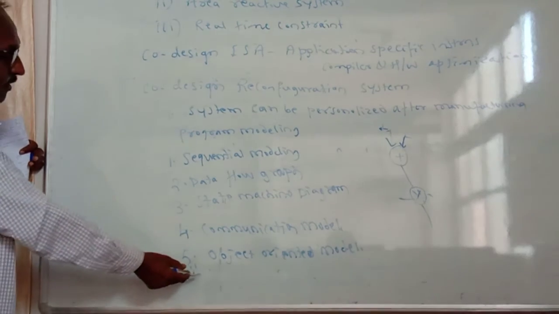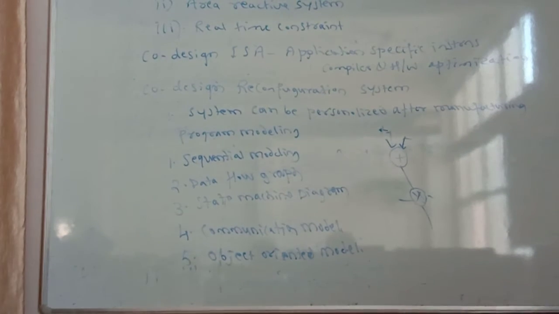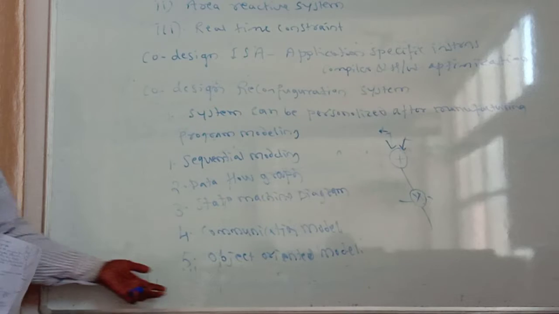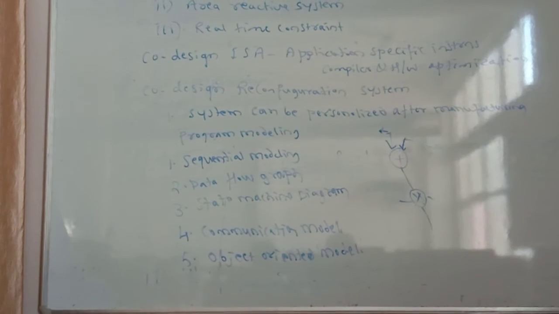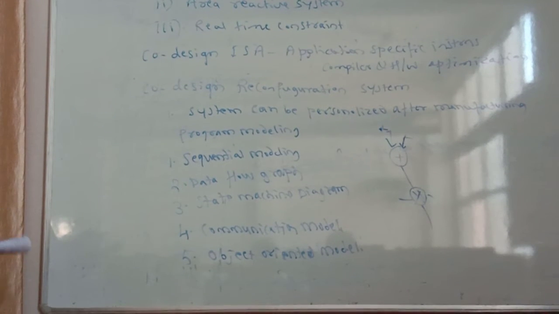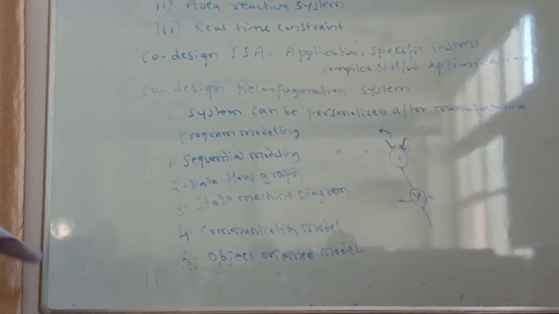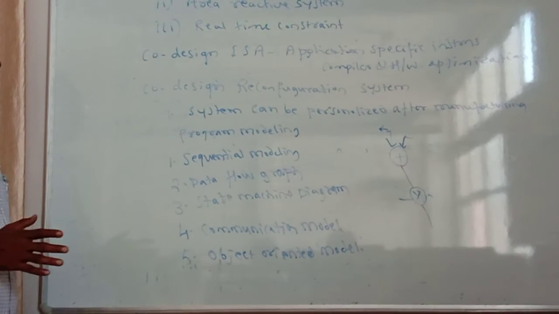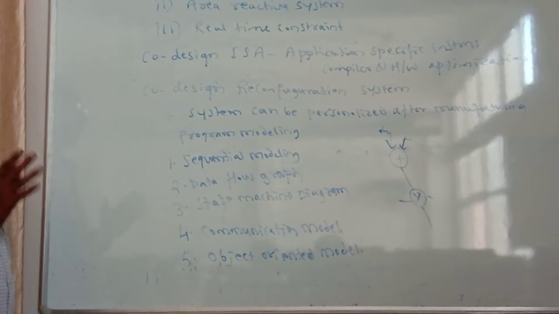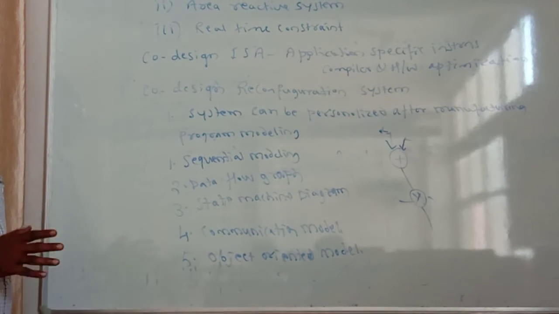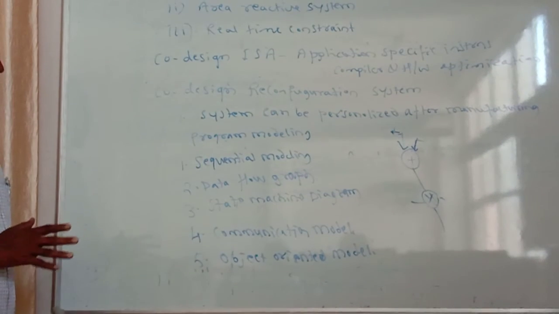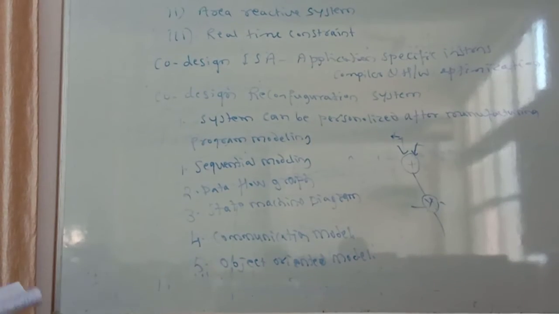Then another important criterion is object oriented model. Object oriented means for specific applications, based on the types of experiment, types of the model, you have to design and develop the algorithm, hardware as well as the software. This is known as object oriented model.